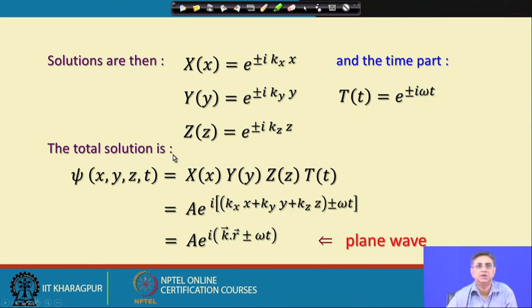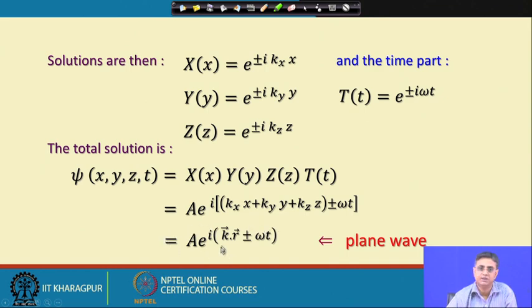So, the total solution is, now we started from this equation. So, I put them back, I get that A is a constant, and then you multiply these three quantities, which will appear in this form, and this is the plane wave solution.